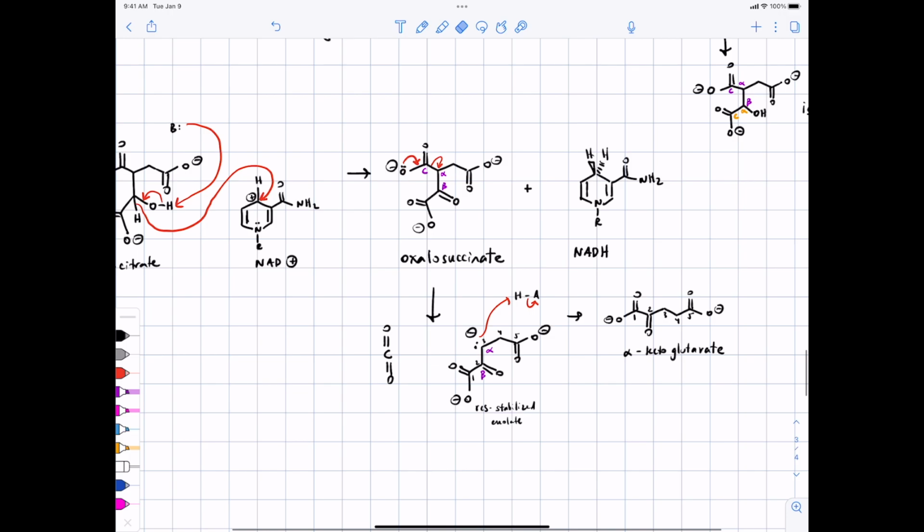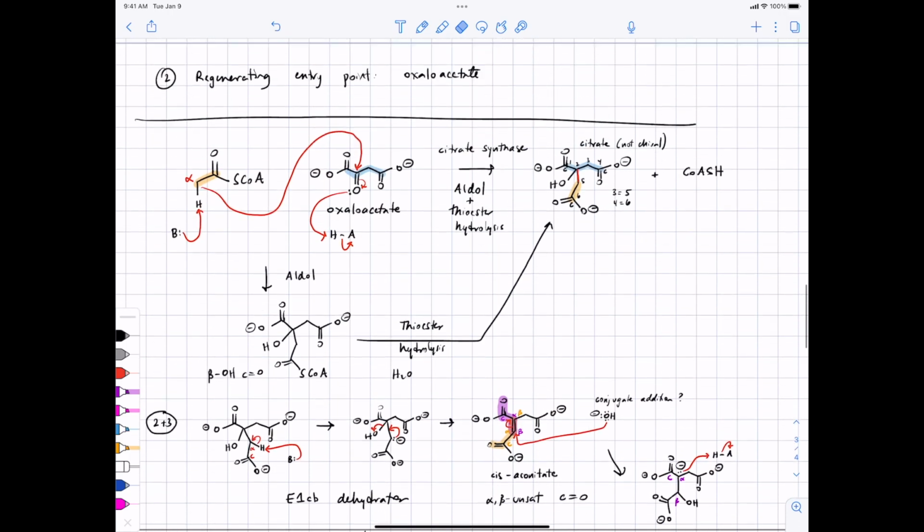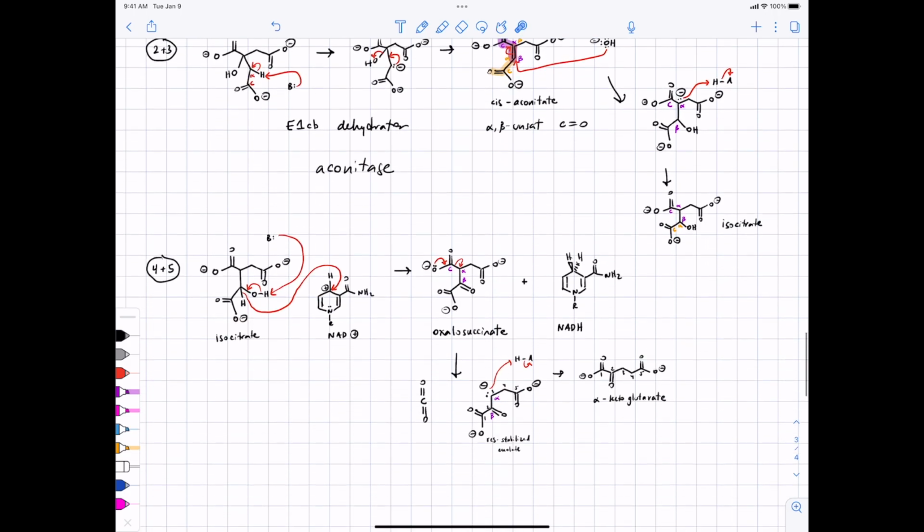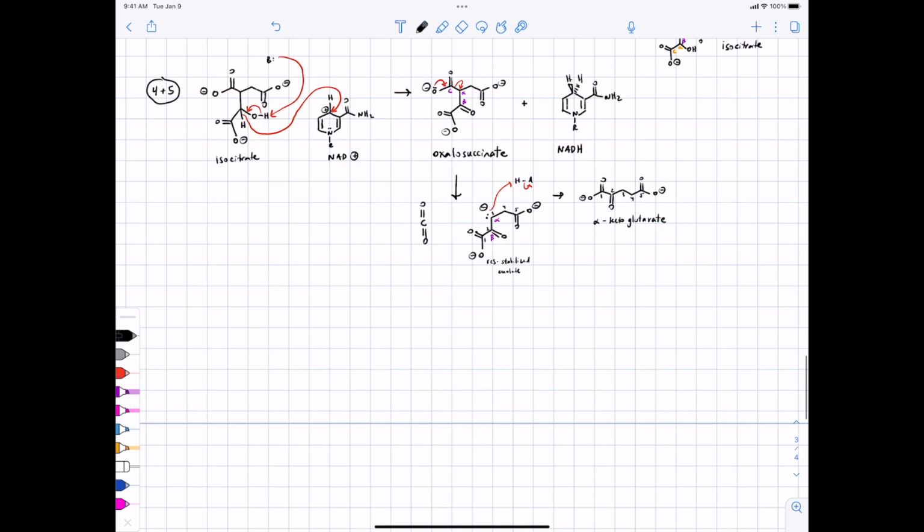Okay, so on our list of things to do, we've done the easy part, which is decarboxylate a beta keto acid. So we can check one of our two molecules of CO2.